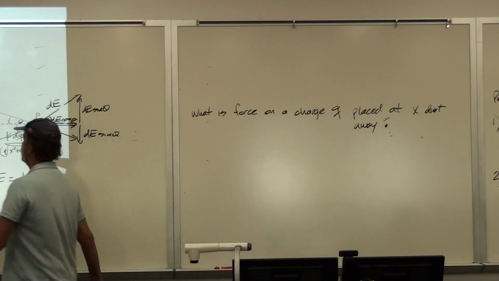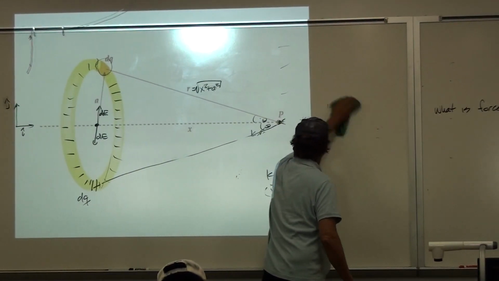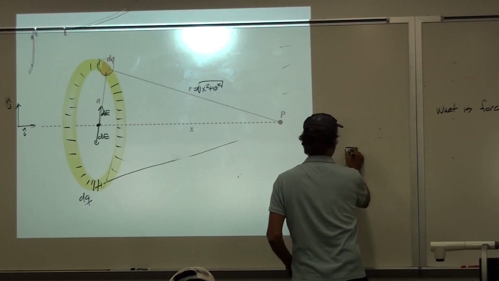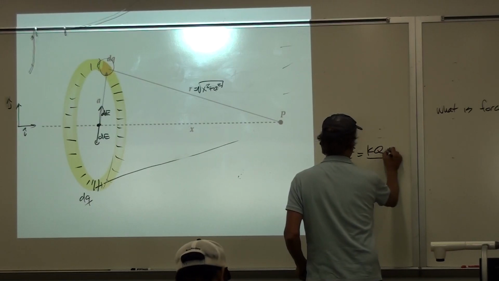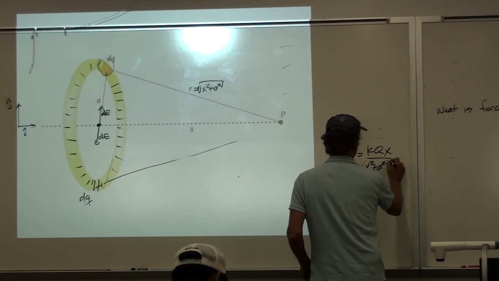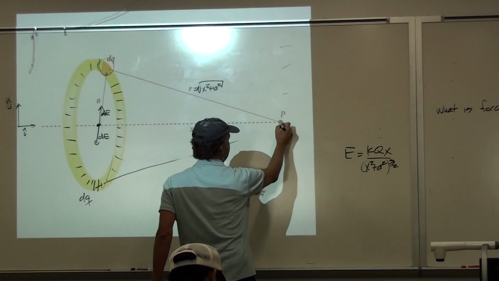So now I'm going to take all of this away. We already have the electric field. The electric field is equal to K big Q x over x squared plus a squared to the 3 halves power. But we know that, and so that's E here.